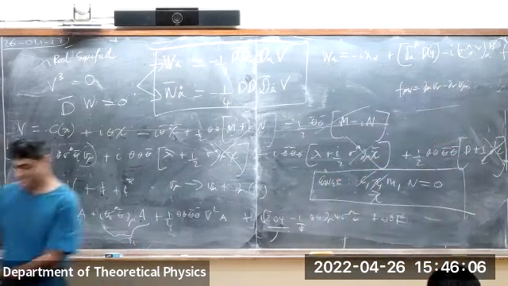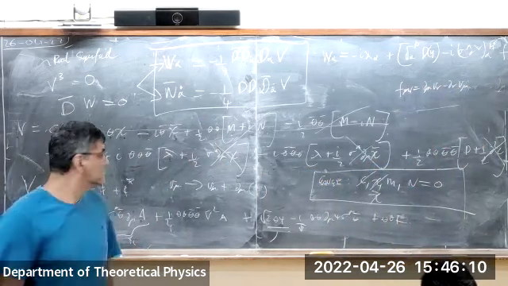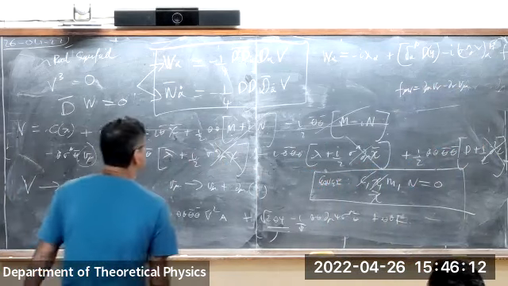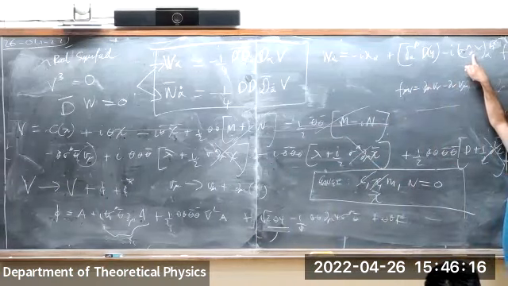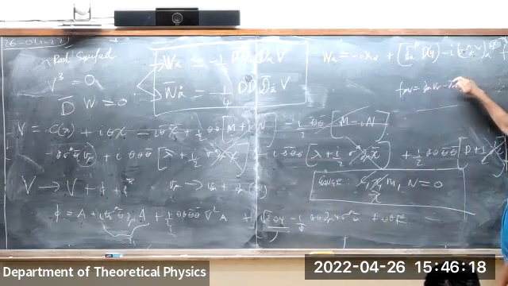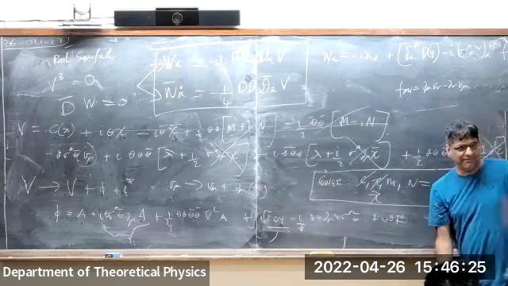Sigma mu nu, you multiply as matrices. It has two indices, alpha and beta.